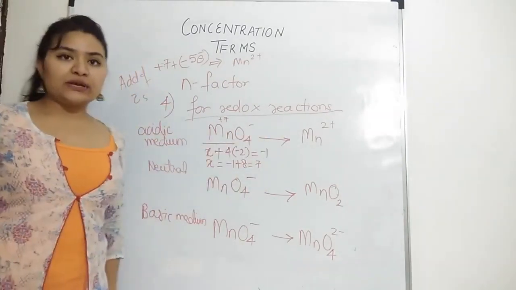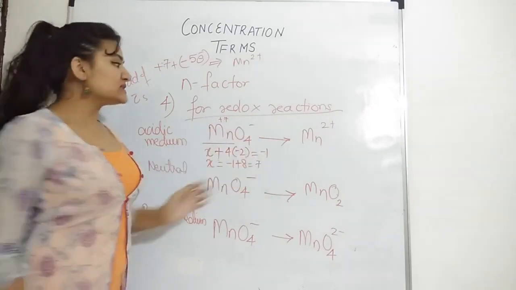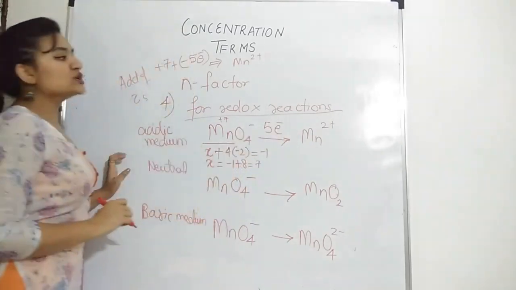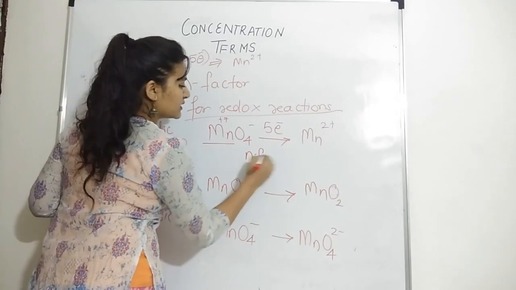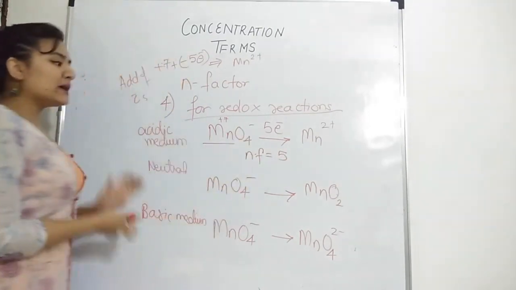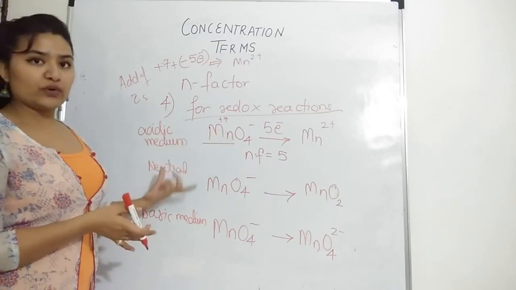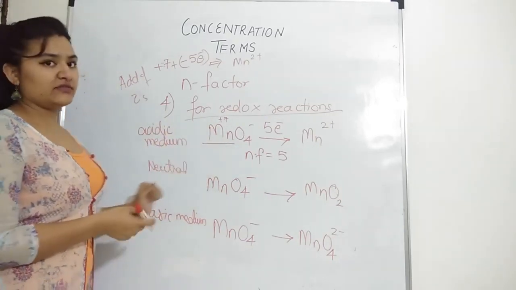So in acidic medium, there will be reduction of MnO4 minus to Mn2 plus, and because it is gaining 5 electrons, the N factor over here will be 5. Now in some cases, like here where you have KMnO4, you can directly have 5 electrons and it will be an N factor of 5.